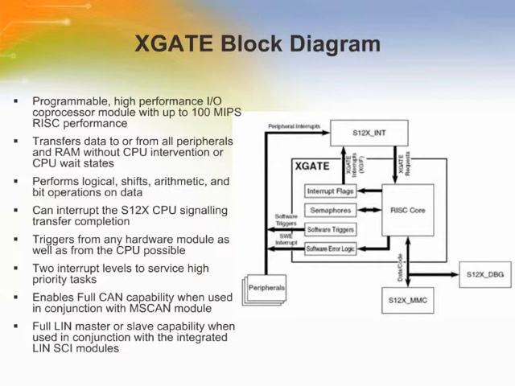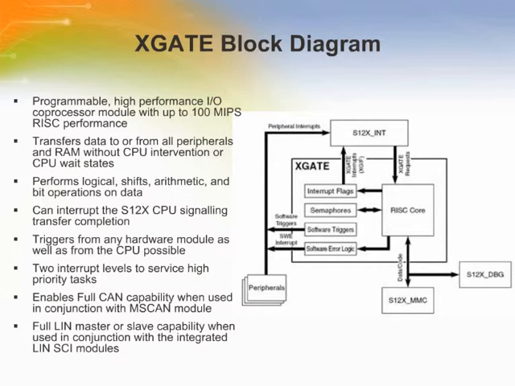The XGATE is a 16-bit RISC processor core running up to double the S12XE CPU bus speed. Its RISC core is able to pre-process the transferred data and perform complex communications protocols. The XGATE module is intended to increase the microcontroller's data throughput by lowering the S12X CPU's interrupt load.